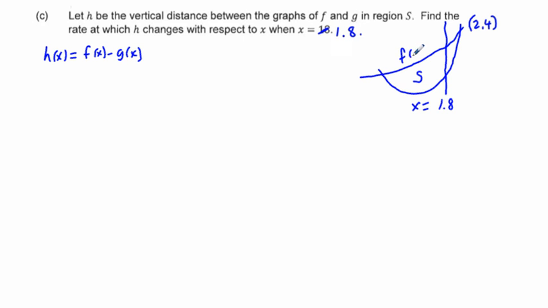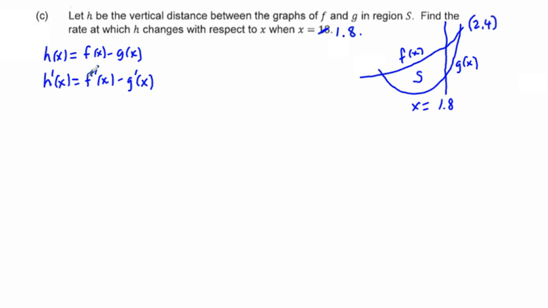So h prime of x is going to be equal to f prime of x minus g prime of x. If you don't have a multiplication or division or some other operation, you're just going to add or subtract. It'll be fine like this.